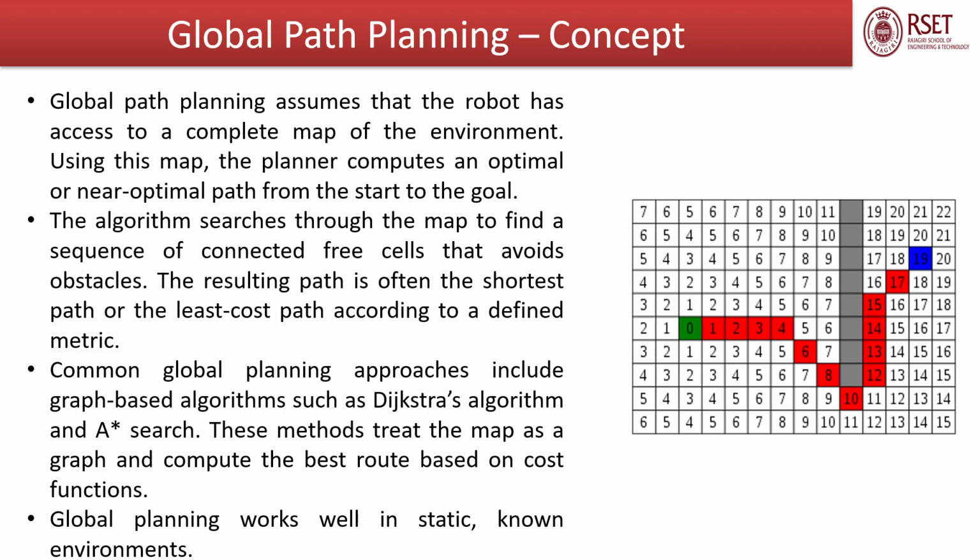Algorithms like Dijkstra or A-star evaluate different possible routes and compute the optimal one based on a cost function. Because the planner has access to the entire map, it can make decisions considering the whole environment, not just nearby obstacles. This makes global planning suitable for static environments where obstacles do not change frequently.